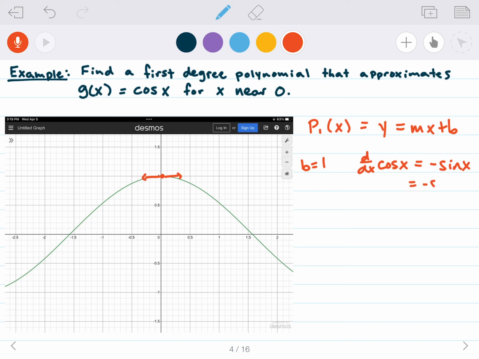When we plug in 0 to negative sine of x, we get 0 as an output. So our slope is 0 and our b is 1. And therefore, the equation of this line is simply y equals 1. Okay? So that's my degree 1 polynomial. Let's write it out here. So p1 of x is simply 1.